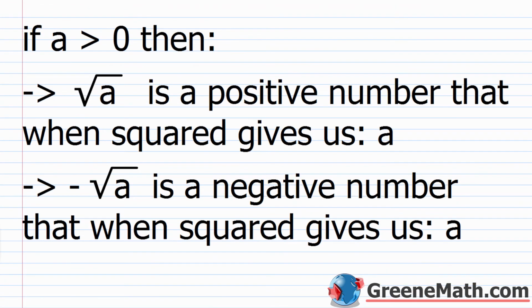So let's look at a general statement for this. If a is greater than 0, so we know that's a positive value, then we can say that the square root of a is a positive number that when squared gives us a. So in other words, if I have the square root of, again, 225, this represents a here. So this is a positive number that when squared, when multiplied by itself, gives us this number back.